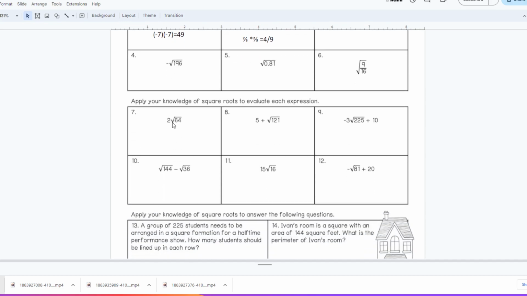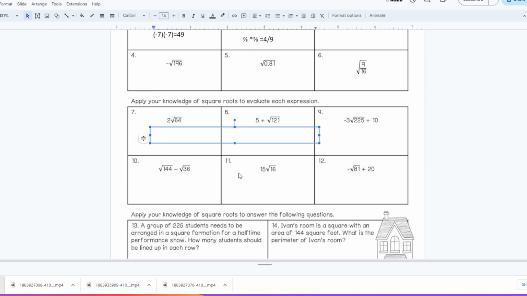Let's look at 2 times the square root of 64. So if you look at your power chart from above, hopefully you finished that. I don't know how to say that. 2 SQRT is square root 64.